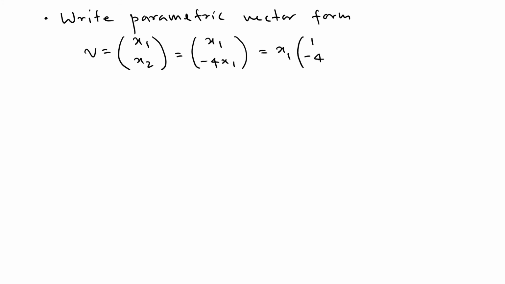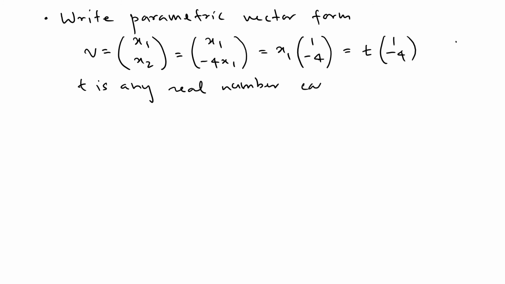There are no fractions. But if you do it the other way, if you try to find the reduced echelon form, there are fractions, whereas here there is no fraction. And then what we can do, we're going to call x1 t, it's a parameter, times 1, negative 4. So t is any real number, called a parameter.